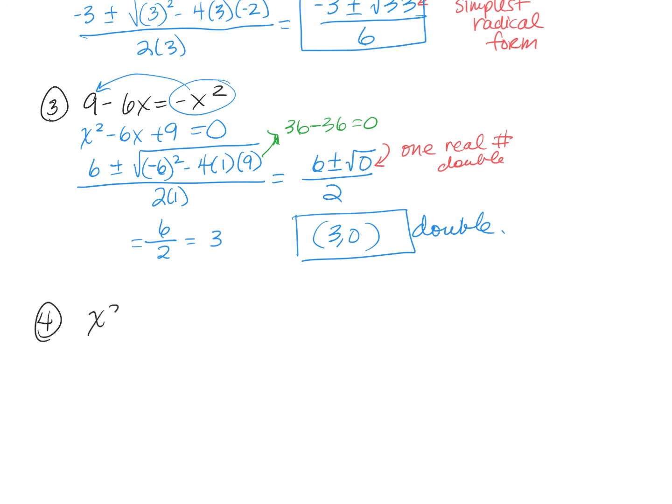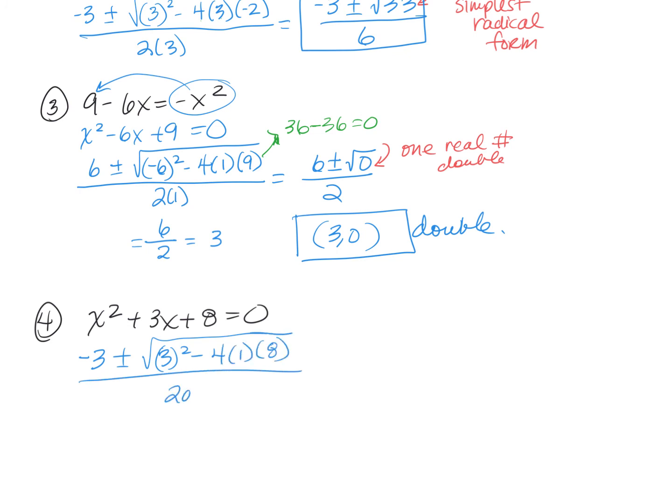Let's look at number 4. Number 4 says x squared plus 3x plus 8 equals 0. All right, let's dive in. Negative b is negative 3 plus or minus the square root of b squared minus 4 times a times c, all of it over 2a. So negative 3, now let's clean up what's going on in here.